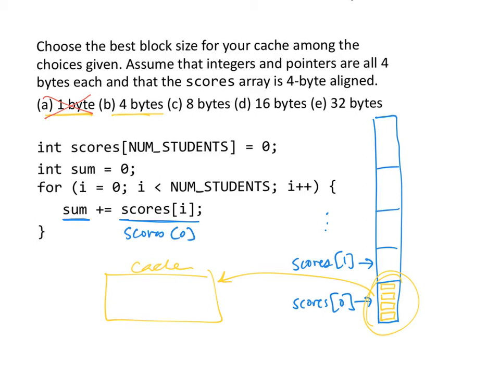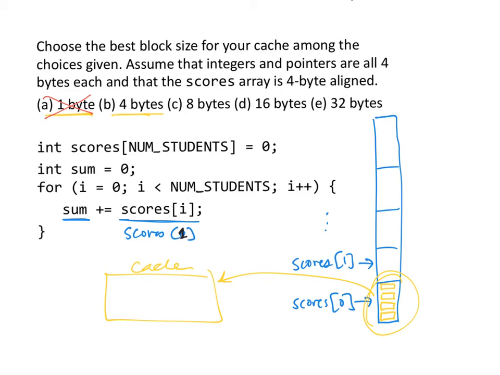So in the next iteration, when we're interested in scores sub 1, this would also be a cache miss. So on the one hand, we've brought in exactly what we needed, but on the other hand, we haven't really helped future loads from missing in the cache. And what this is saying is that a block size of 4 bytes is not exactly leveraging the spatial locality that we expect our code to possess, and which we know that this code does possess.